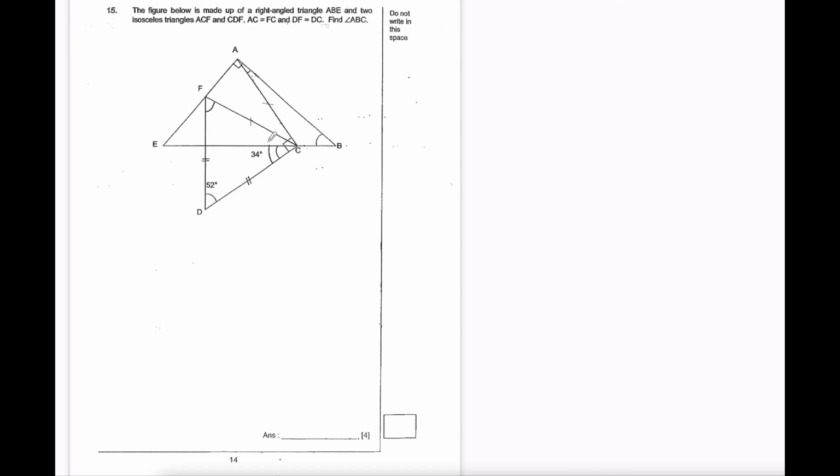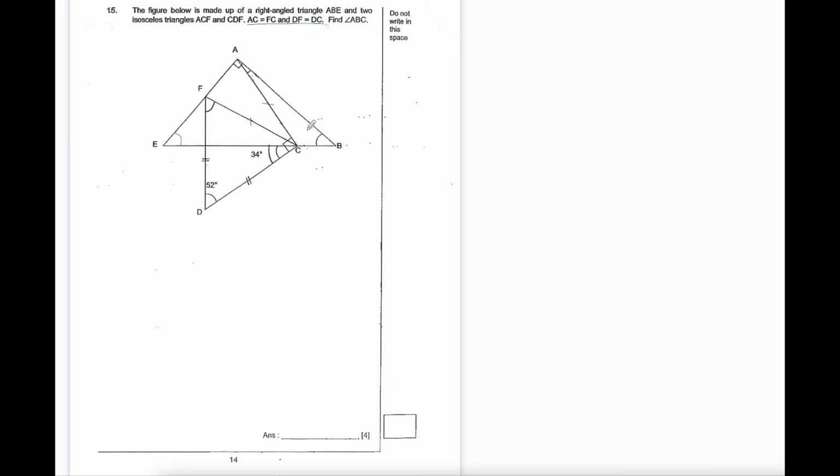Because it's isosceles, DF equals, yeah, so this is what it means. And we need to find out what ABC is, which is this angle. Okay, one thing to note is that angle ABC is actually part of the right-angled triangle ABE. So as long as I find this angle, I can actually find ABC.